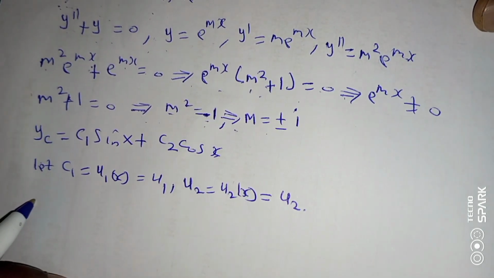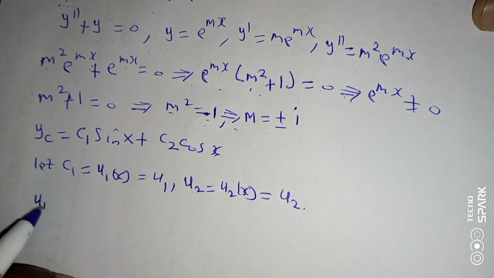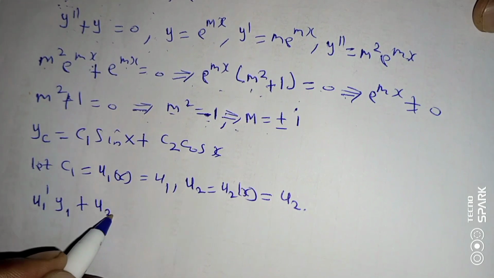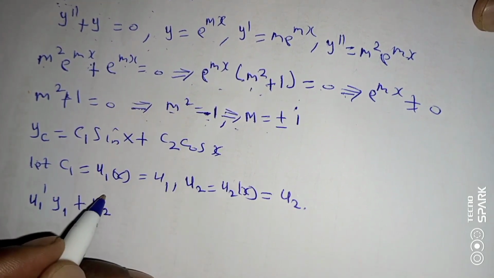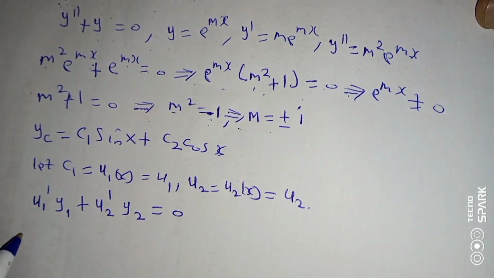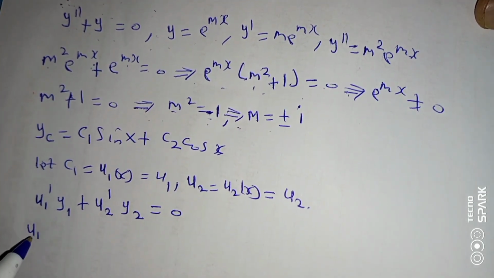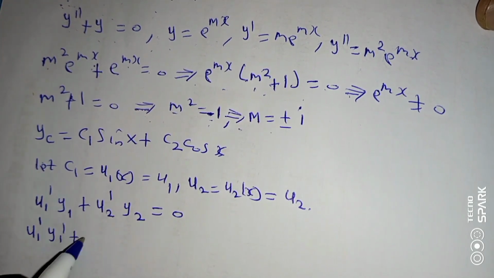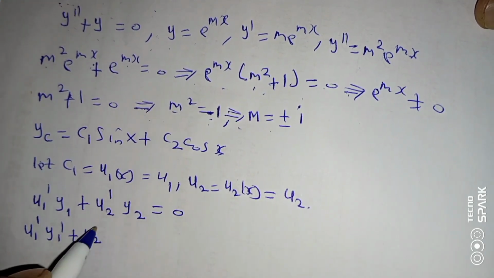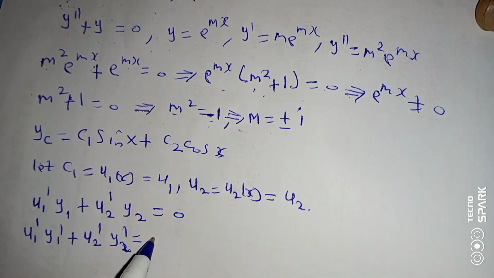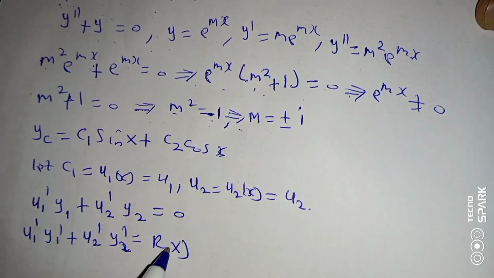Then we let our c2 be equal to u2(x), which is u2. Meaning that now our u1 prime y1 plus our u2 prime y2 is equal to 0, and our u1 prime y1 prime plus u2 prime y2 prime is equal to r(x).